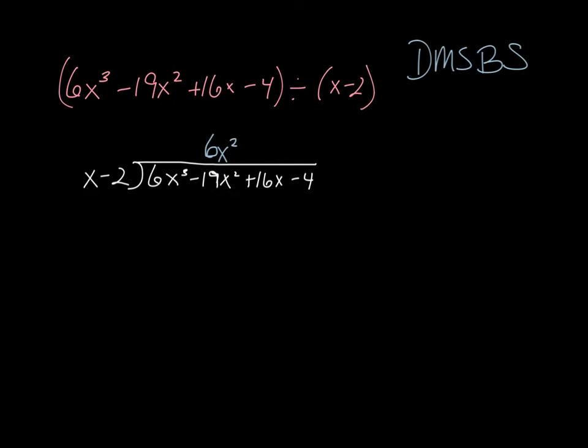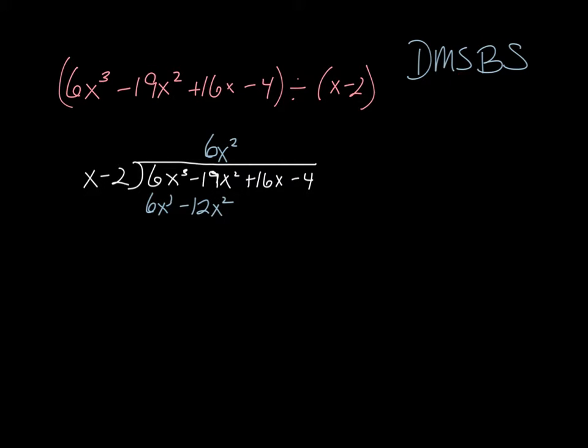Second step is to multiply. So we take 6x squared and multiply by the whole binomial here. So 6x squared times x is 6x cubed, and then 6x squared times negative 2 is negative 12x squared.